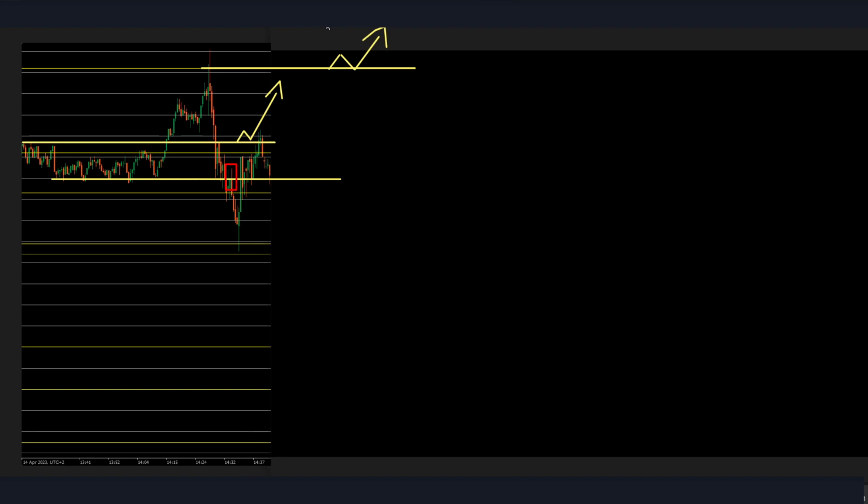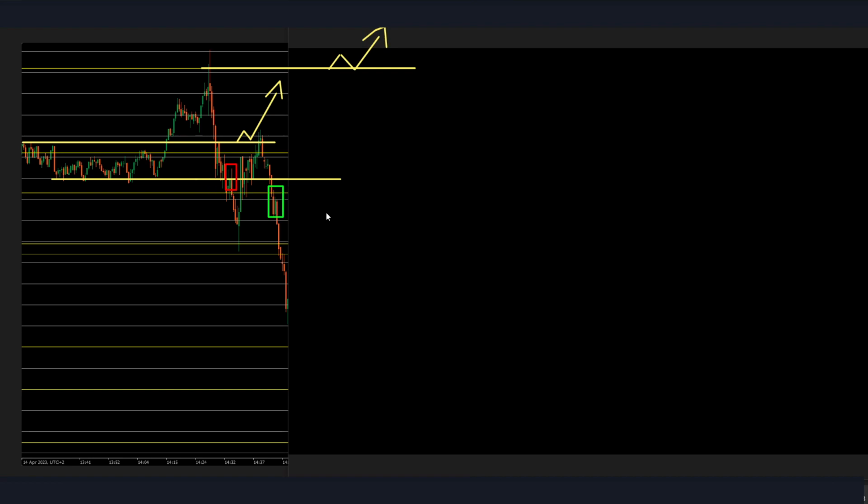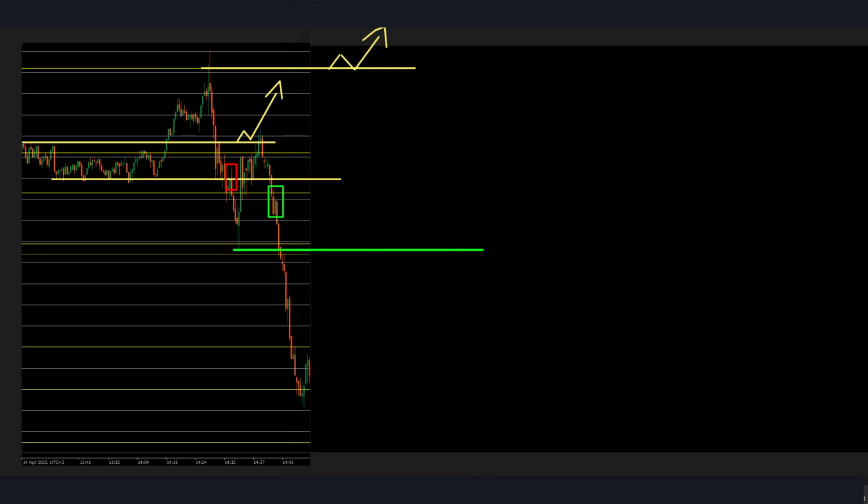Failing to stay above, so no buys. If we break down below again, I might look for sells again. As you can see over here, we might take a sell over here, especially the one that was below the PSA. Now we might be looking for a retest over there, or this one even.